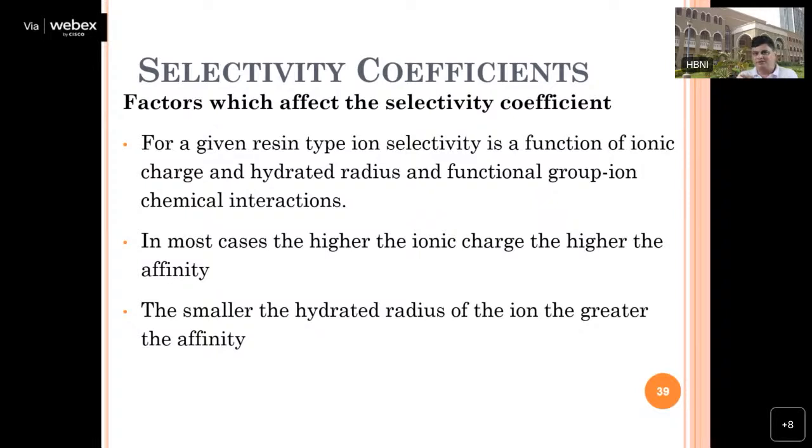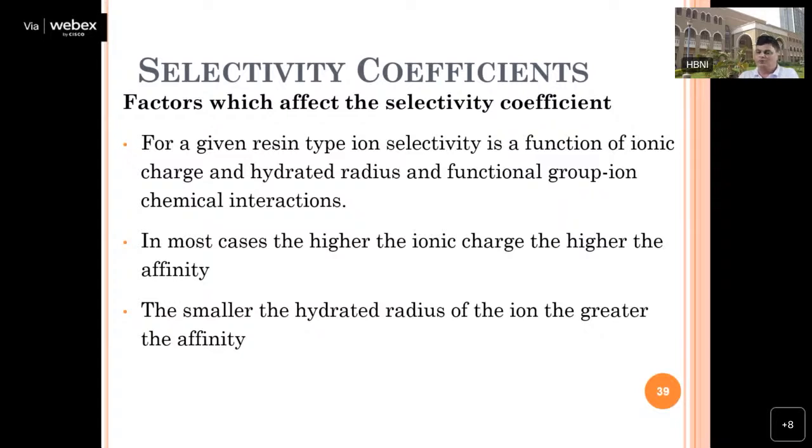Okay, and what are the factors which affect this selectivity coefficient? For a given resin type, ion selectivity is a function of ionic charge, hydrated radius, and functional group ion chemical interactions. In most cases, the higher the ionic charge, the higher the affinity.